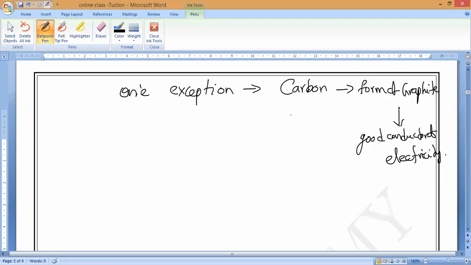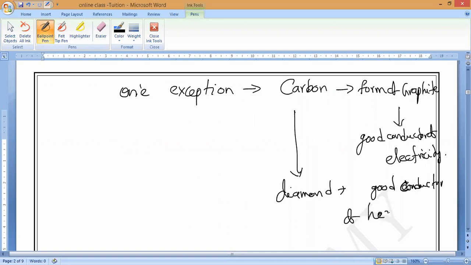Carbon in the form of diamond is a good conductor of heat. Remember, guys, diamond is one of the best conductors of heat, and graphite is a good conductor of electricity. But diamond cannot conduct electricity, and in the same way graphite cannot conduct heat. You should remember that.